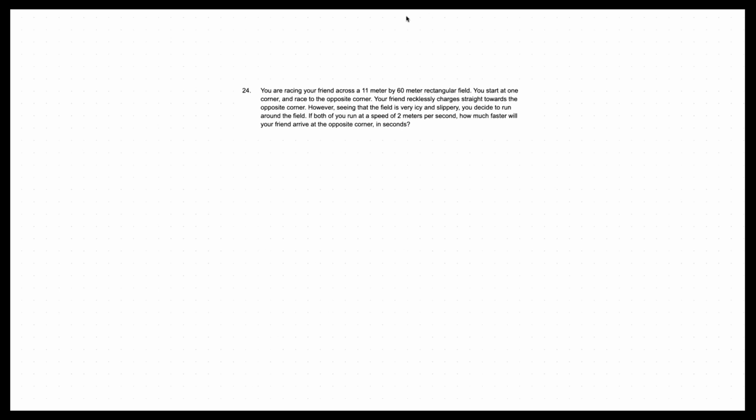So now we can draw a diagram. Let's say this is the start, this is the end, and we can label some lengths. Because it's a rectangle, we can just use the Pythagorean theorem.